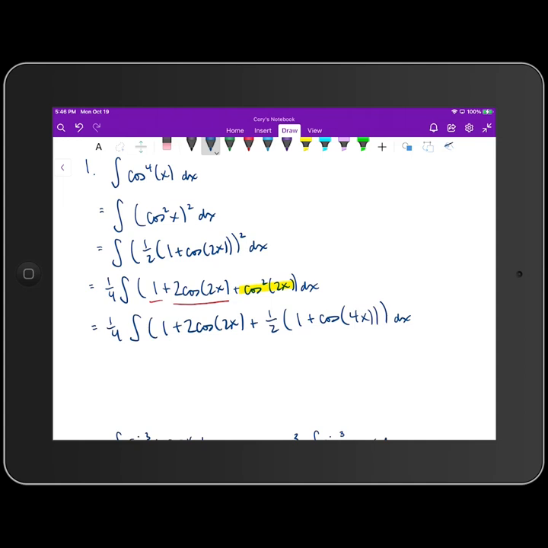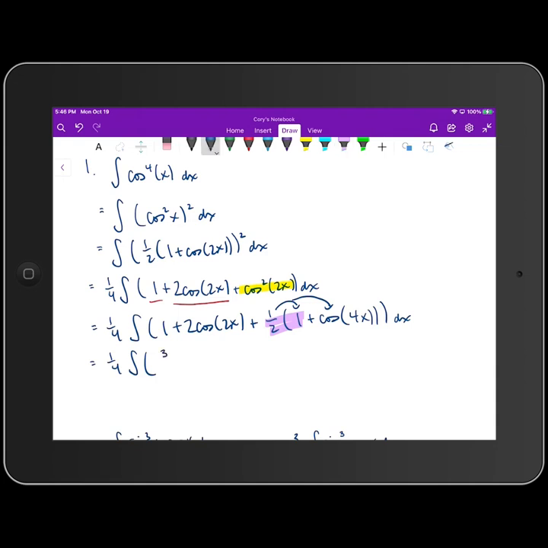Then I'm going to distribute 1/2 across both of these terms. So this is 1/4 times the integral of, and if you don't mind, I'm going to combine two steps in one. When I multiply 1/2 times 1, that gives me 1/2, and then when I add 1 to that, that makes 3/2.